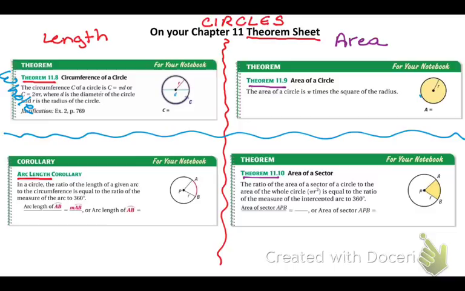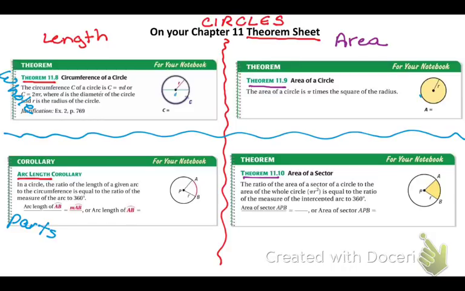So these are your wholes. Down here are your parts. Here's the part of an arc, the arc length corollary. Theorem 11.10 is the area of a sector, which is part of a circle.